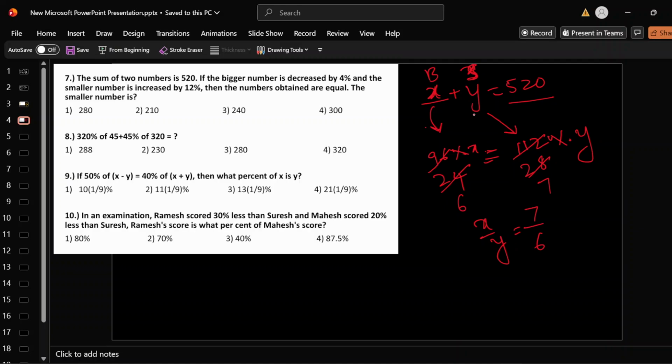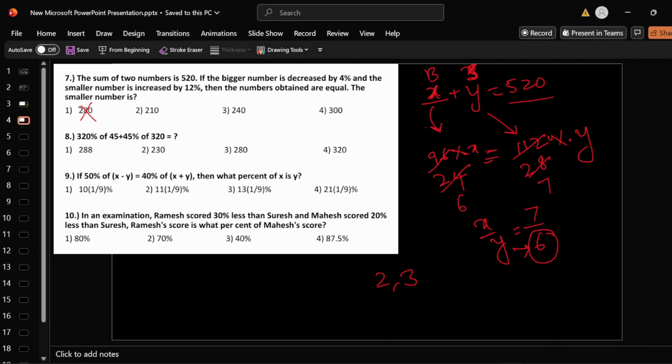Here the smaller number is y. So the smaller number will be a multiple of 6. To be a multiple of 6, it should also be a multiple of 2 and 3. 280 is a multiple of 2, but it is not a multiple of 3.